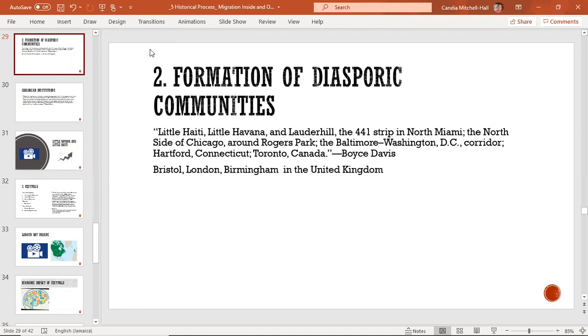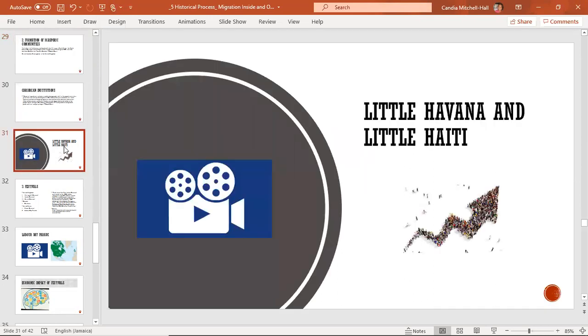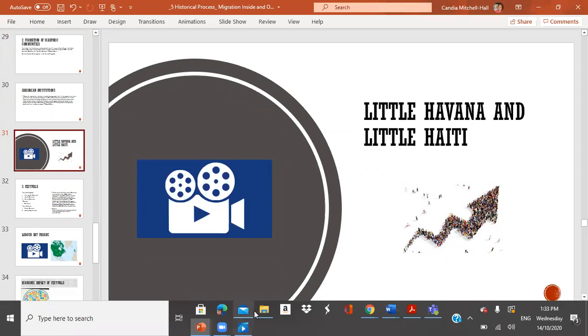Little Haiti, Little Havana in the US, in Toronto, all over. We have formed very strong communities, blocks, where hundreds of Caribbean people live on the same block or in the same communities. And I'm going to share two of those communities with you, which are Little Havana and Little Haiti.